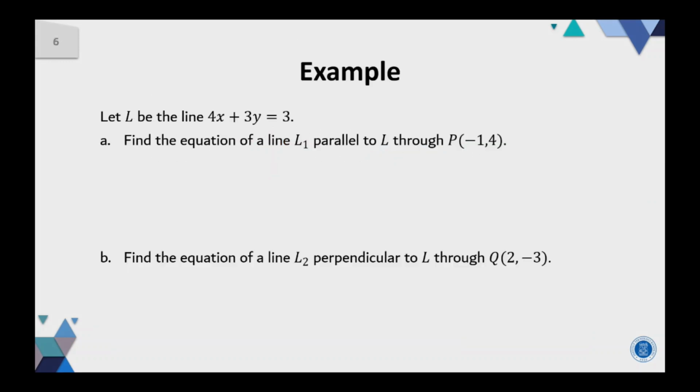Okay, so let's see this example. If we have a line 4x plus 3y equal to 3, find the equation of a line which is parallel through this point. Of course, if we want to find the equation of a parallel line, then we have to count the slope first.